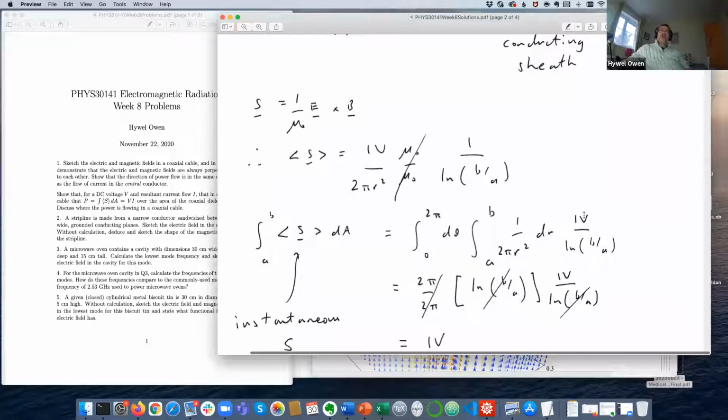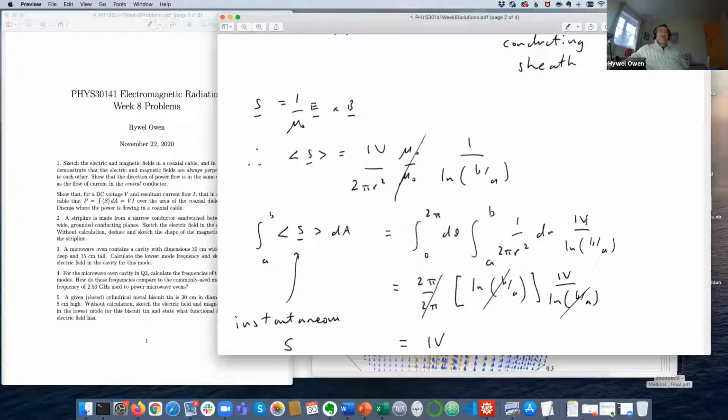Then I have this constant factor IV divided by log B over A. Now remember that in a DC situation, I and V have constant values, but I'm also thinking about the AC situation where I and V may vary with time. So we can do both calculations together.